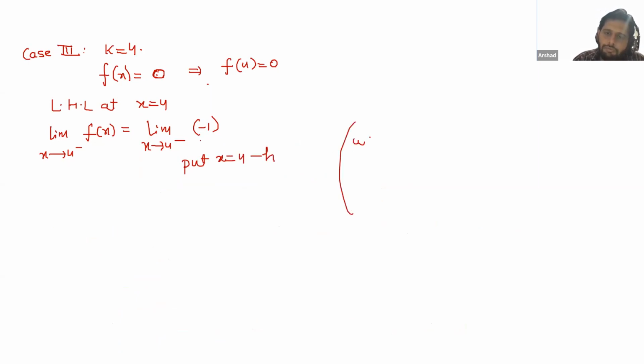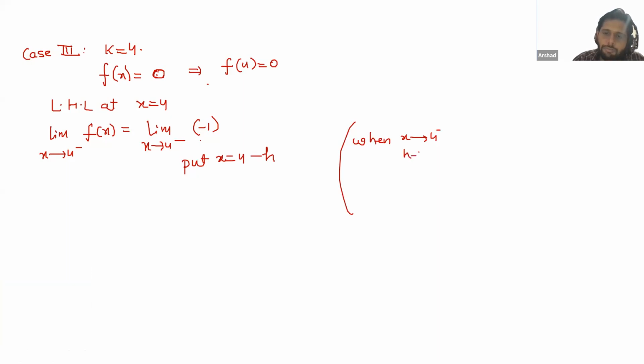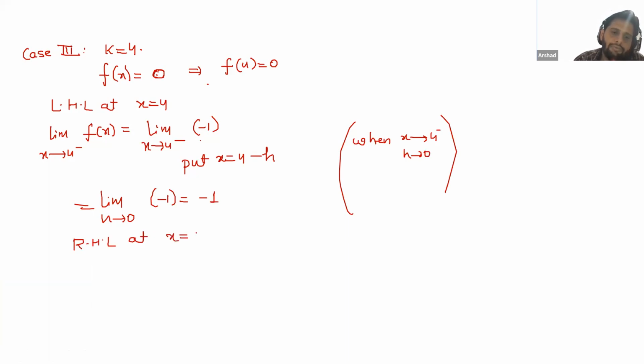In the bracket, write when x approaches 4 minus h, h approaches 0. So write limit h tends to 0, this remains -1, so you will get -1. Then RHL at x equal to 4. So write limit x tends to 4 plus f(x).